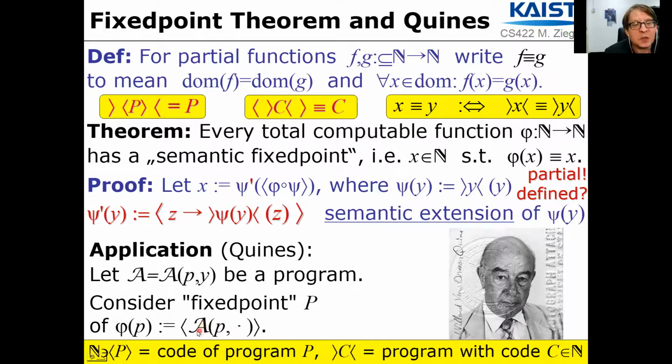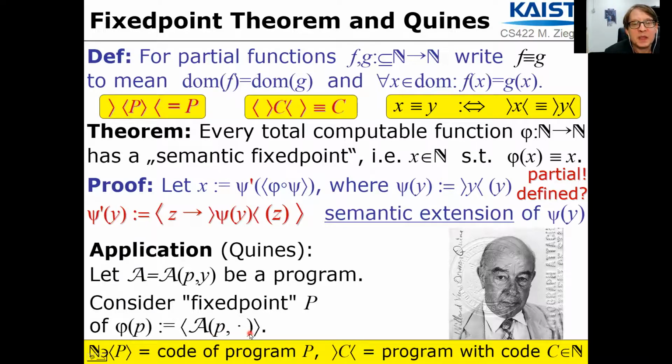This can be done computably, and then encode the new program, right? So here's the given program. Here is the source code of that program, for now still given. Convert that into the source code encoding of the program which has this source code hard-coded, okay?